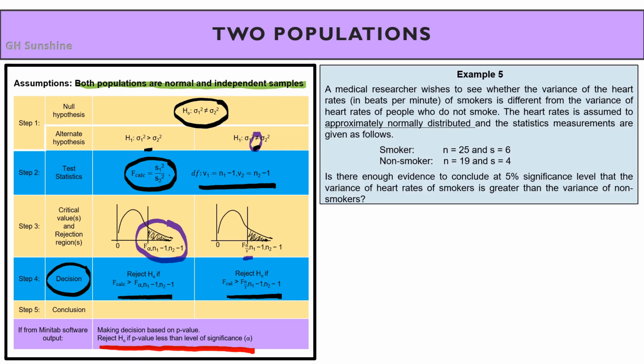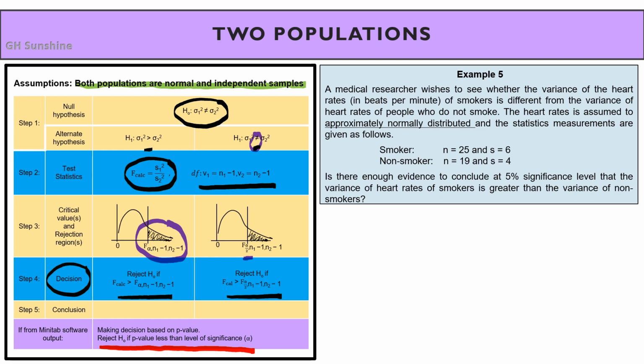A medical researcher wishes to see whether the variance of the heart rates of smokers is different from the variance of heart rates of people who do not smoke. The heart rate is assumed to be approximately normally distributed, and the statistics measurements are given as follows.